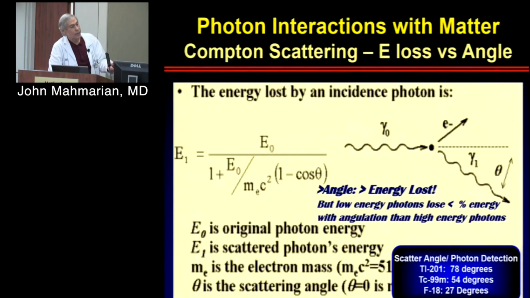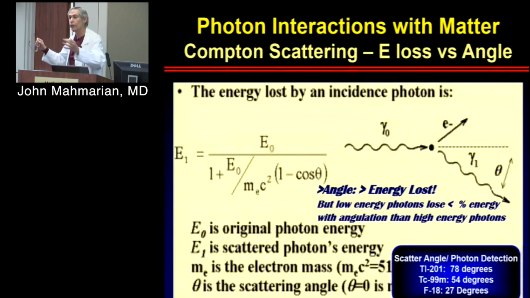It turns out with technetium, which is a higher energy photon, if you deflect greater than 54 degrees, okay, you actually are outside that 10%, so you lose energy beyond that window, and we don't accept that photon in imaging, okay? So thallium is actually the worst agent.